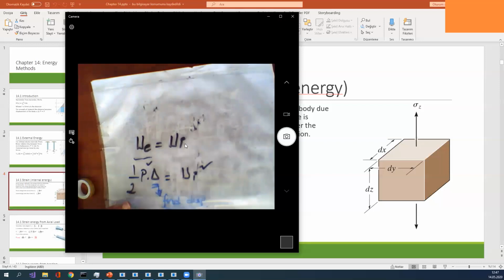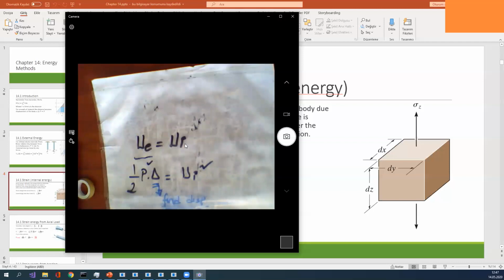So why are we using the energy methods? First of all, by using energy methods, we can find the displacement of the body or deformation shape of the body by using this energy principle. Therefore, this is the main reason for using this method, the work and energy principle.